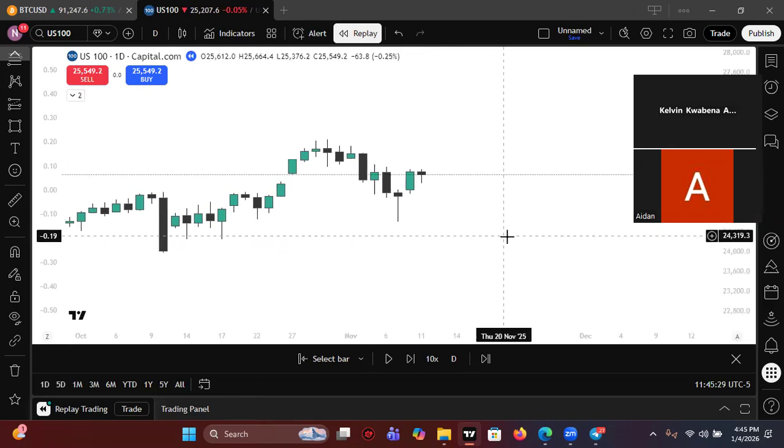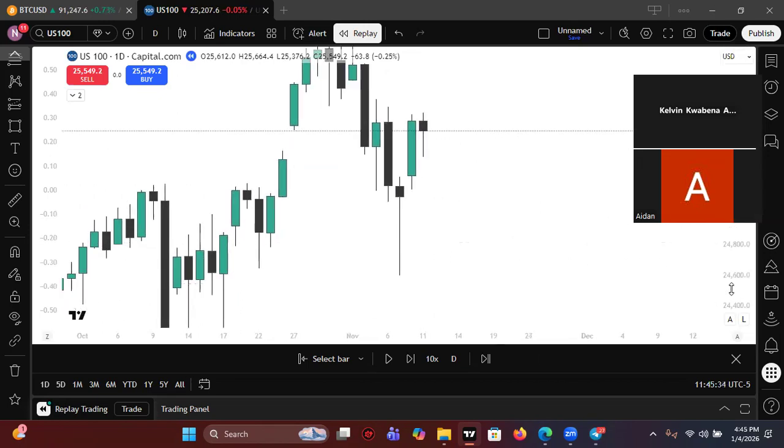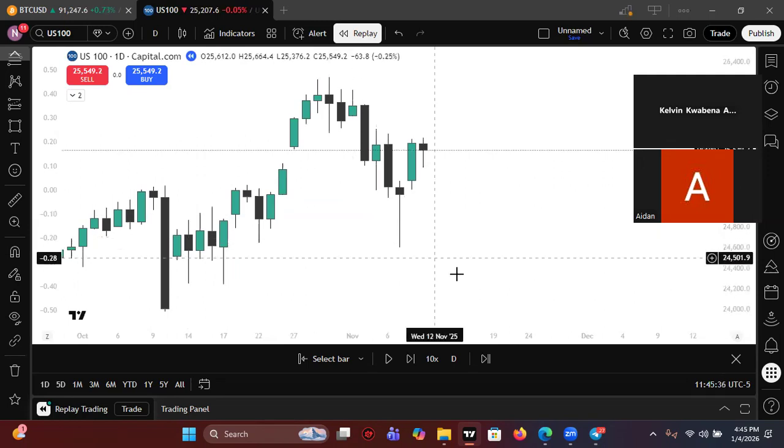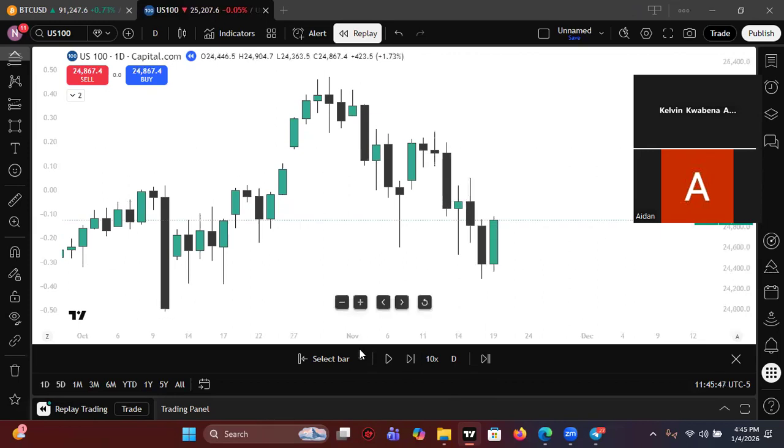So on the daily time frame, right? Well, let's just look at this, because over here, let's just move price forward. I want to get a clean price action. Okay, perfect.